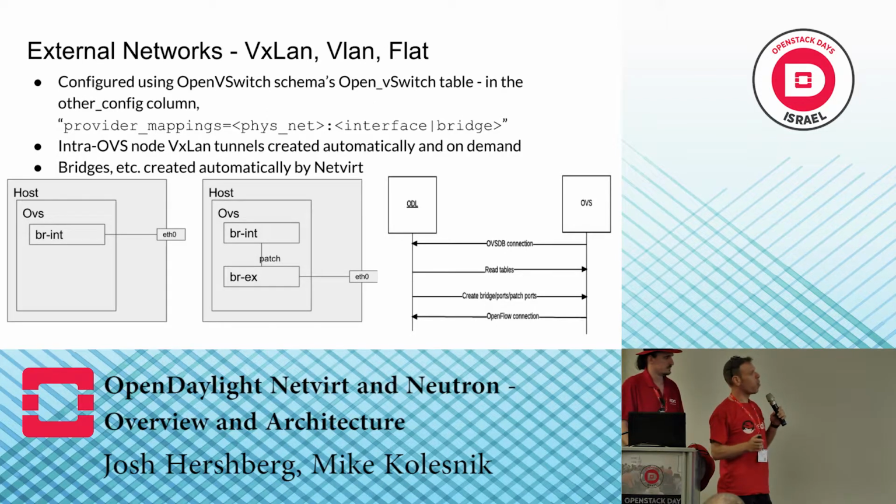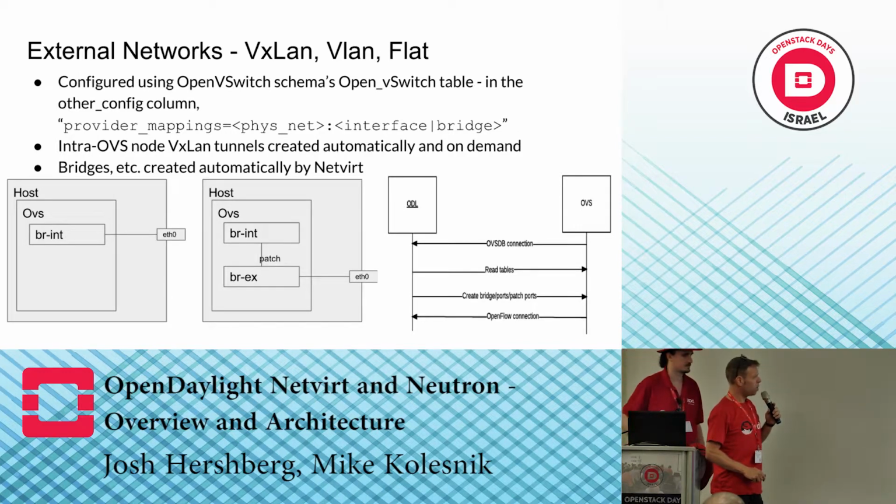There are basically two modes that Netvirt supports. One is you can attach your external network directly to the integration bridge. The integration bridge is where the VM ports get connected to. So you can basically just have your external network be a port on that bridge.